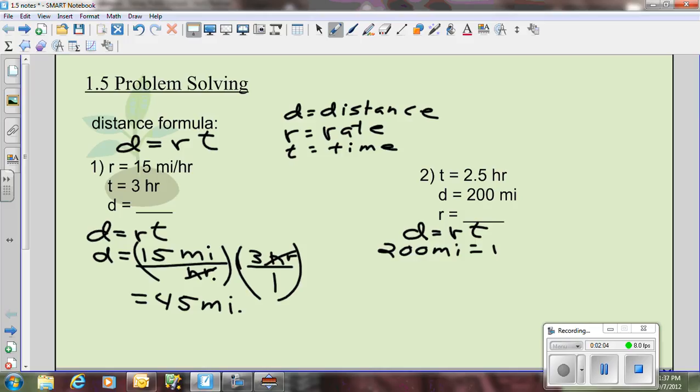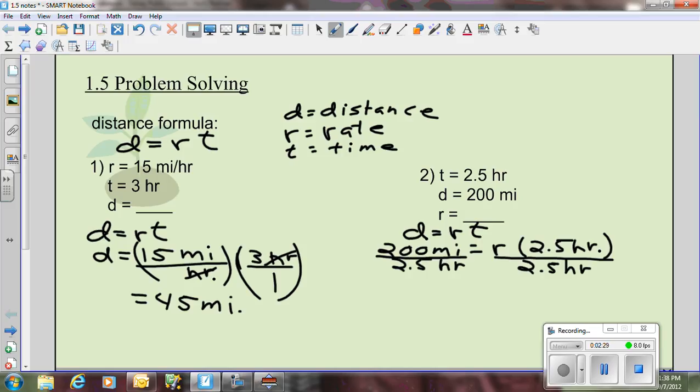Rate, I don't know yet, so that's R. Time is 2.5 hours. How am I going to find the rate? You divide by 2.5. Which is 80. Okay, so you're going to divide by 2.5 hours on both sides.